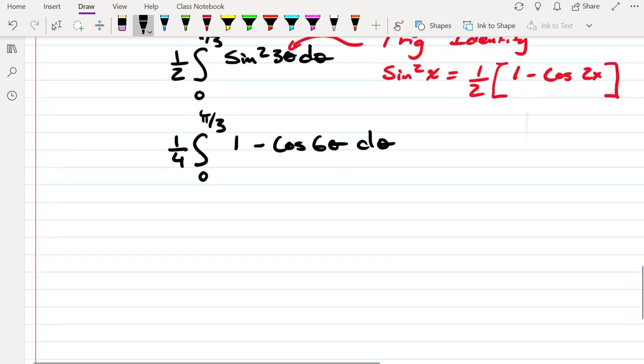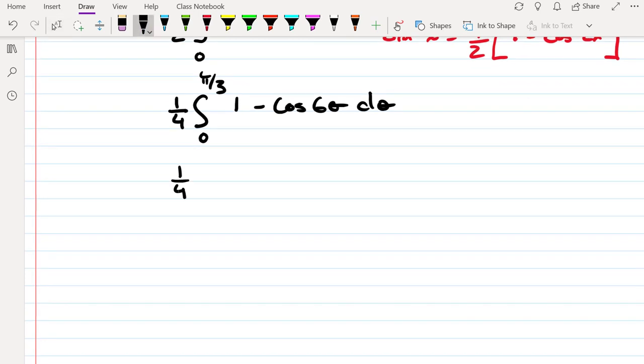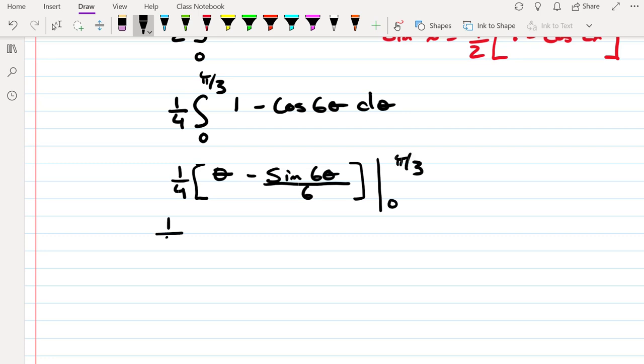So now we take our antiderivative, and we have 1/4 times antiderivative of 1 is still theta, and the antiderivative of cosine is sine, so we get the sine of 6 theta divided by 6, and that gives us, we evaluate from 0 to pi over 3, so we have 1/4 times pi over 3 minus pi over 3, plugging it in for 6 theta. 6 times pi over 3 is 2 pi, so we get the sine of 2 pi over 6 minus our lower limit of integration.